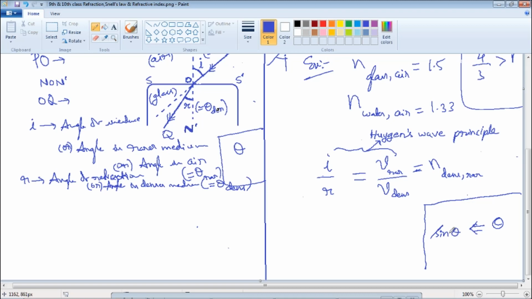Those students who are in the 10th class might already have learned about trigonometry, so there is no problem in applying sine theta. But the refraction lesson is actually a part of the 9th class syllabus also. In many states, or at least in some states, refraction of light is present in the 9th class syllabus itself.